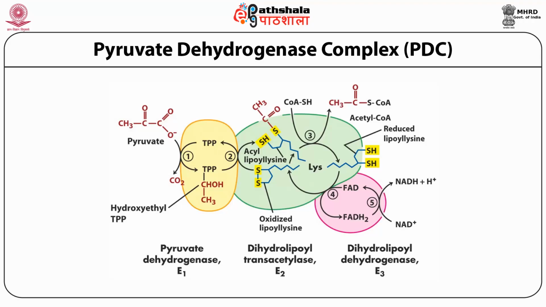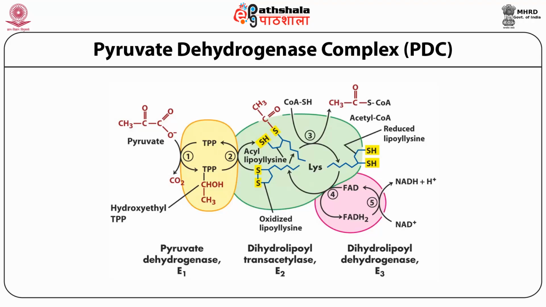If you see site 1, where pyruvate undergoes decarboxylation and hydroxyethyl is produced, then by the action of acyl lipolysine, the oxidized lipolysine and the acetyl CoA take coenzyme A. Later, NADH reacts with hydrogen and is converted into NAD plus.